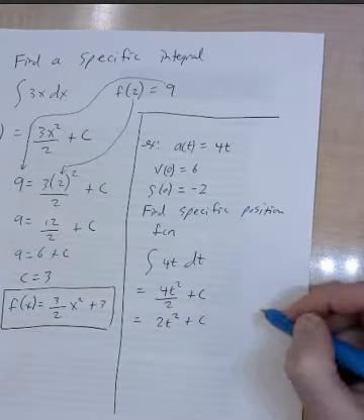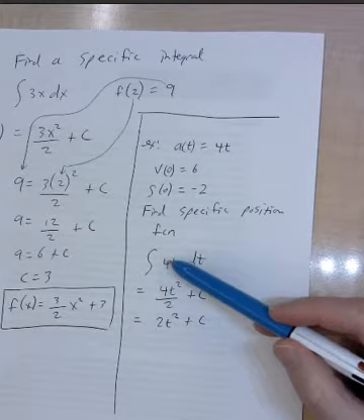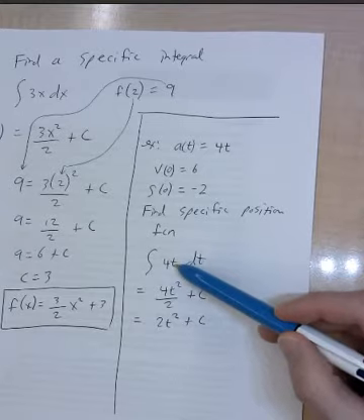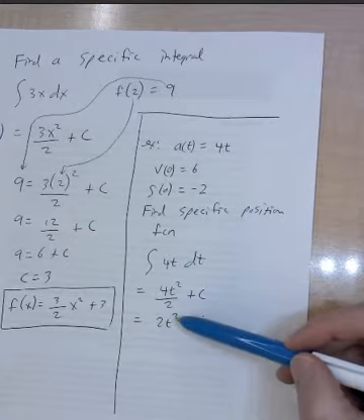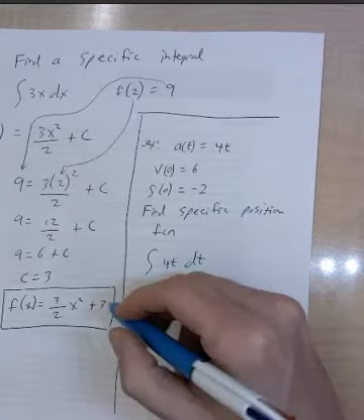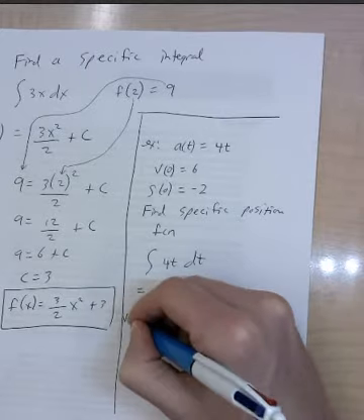And so we've just integrated acceleration, which is 4t. And when you integrate acceleration, what do you end up with? Not position. Velocity. You end up with velocity. So v of t equals 2t squared plus c.